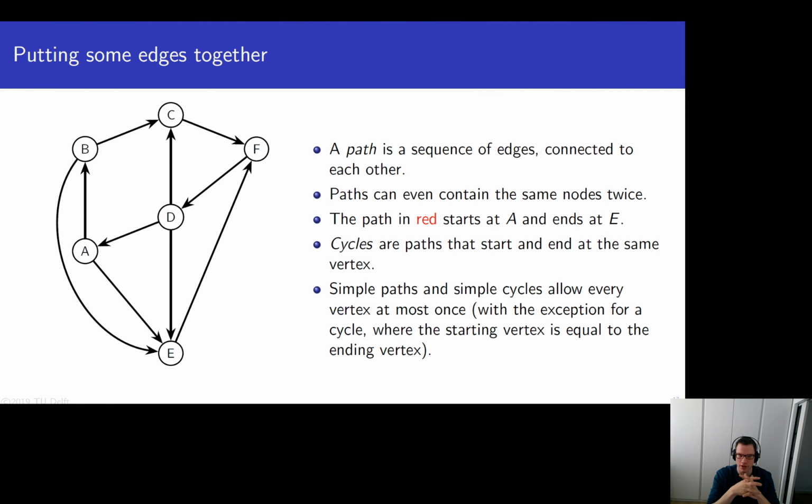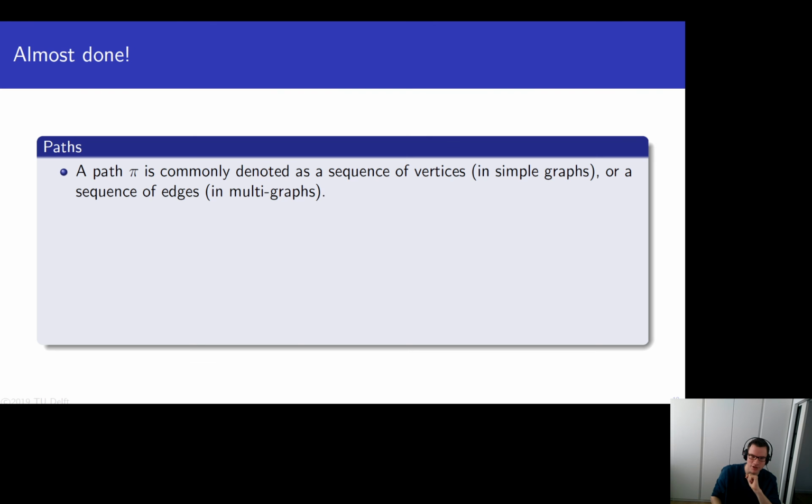Paths and cycles. Now this was the computer science explanation with a nice visual. Let's look at a bit more formal explanation. So a path we commonly call pi, because why not make this a little bit more confusing? So a path pi is either a sequence of vertices or a sequence of edges, where the sequence of vertices is more commonly used for simple graphs because the vertices indicate which edges you must use.